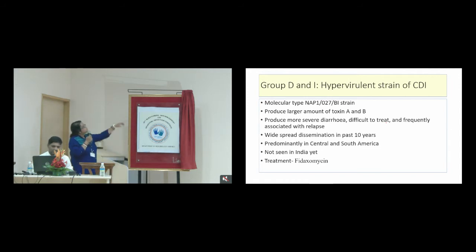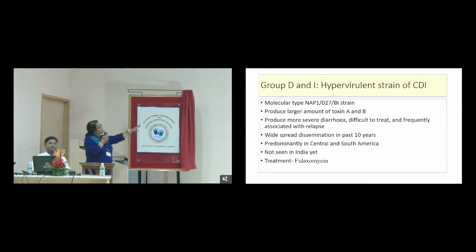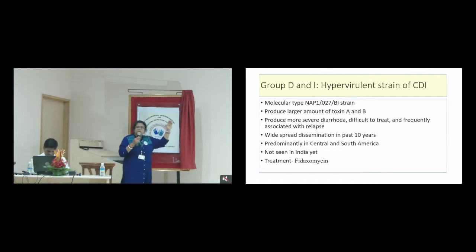What is special about these hypervirulent strains is they produce toxin A and B in enormous quantity. Toxin A is about 16 times the normal strain and toxin B is about 23 times. It is marked by production of severe diarrhea. It is quite difficult to treat, so many relapses can occur with the hypervirulent strain.